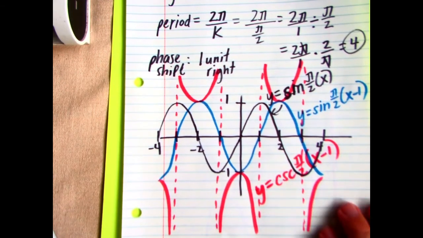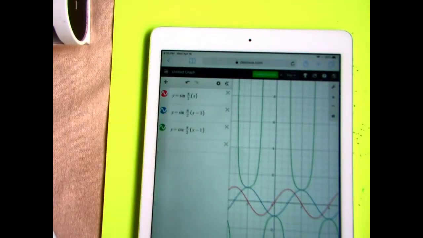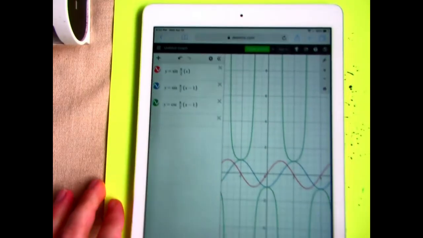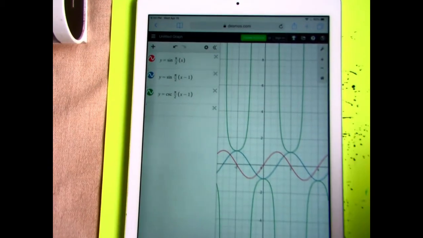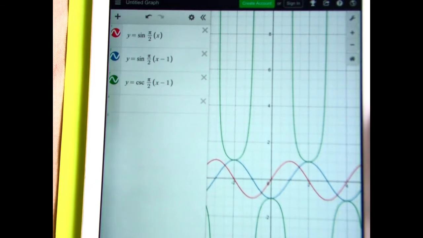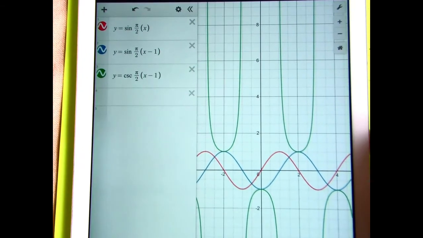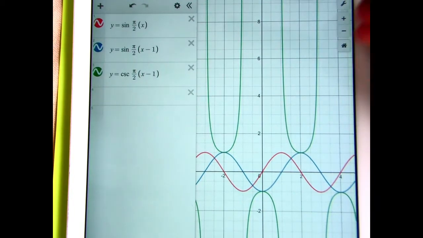So I'm going to, once again, go back to my tool Desmos. On my tablet here, I've graphed basically the three graphs we just showed. In red, I have sine of pi over 2x.